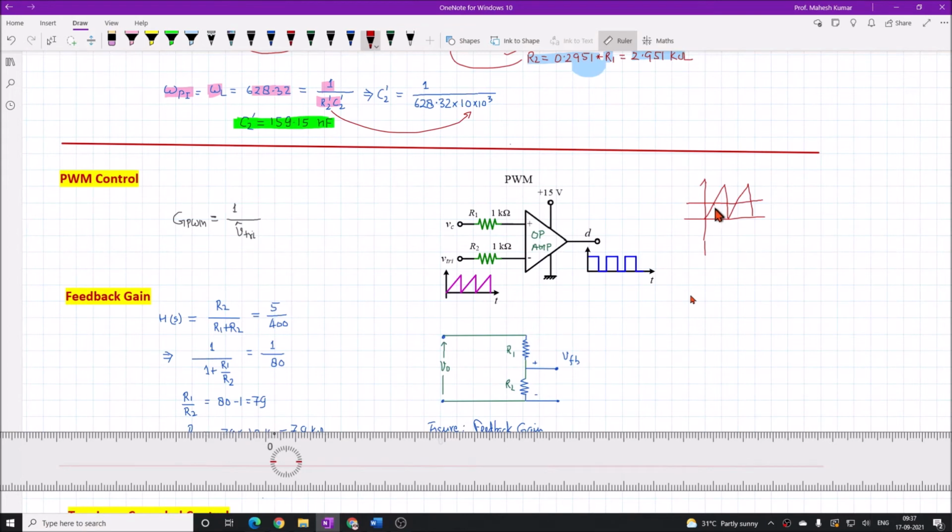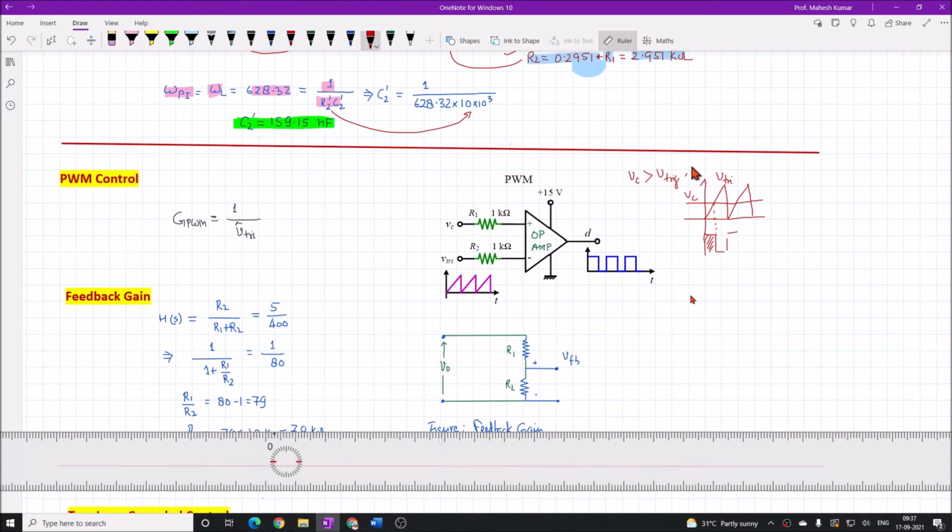So we have taken for this as a pulse output 1, then 0 up to this point. So when this is V triangular and this is VC, when VC is greater than V triangular, the output is 1 here.